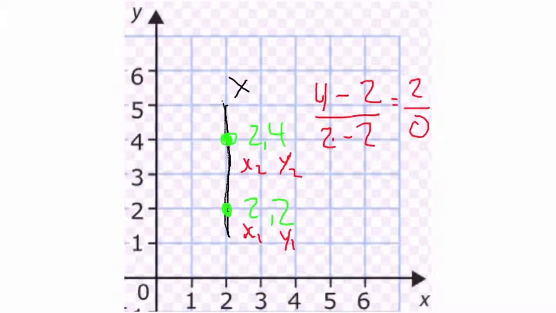Now most students would see 2 over 0 and just say, oh, it equals 0. But in fact it is not.